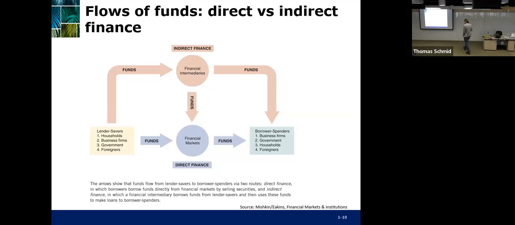So direct is only really important for large firms and for highly developed markets like the US, but for smaller firms and for most markets outside the US, indirect finance is by far the more common way how money flows from investors to firms. Okay?